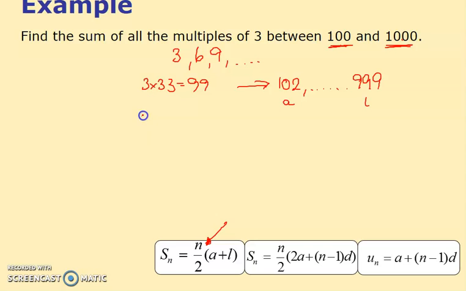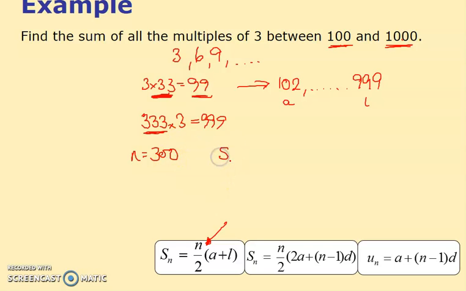So I reckon the way to do that is we know there are 333 lots of 3 equals 999. But I've lost the first 33 of them because it doesn't start at 100. So 333 minus 33, I reckon I get n equals 300. With any luck, I've worked that out right.